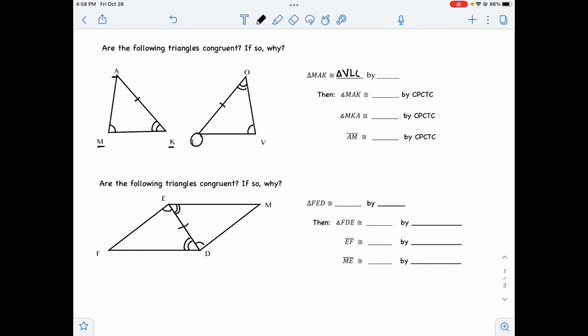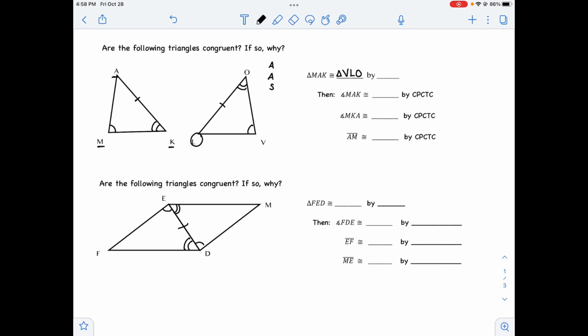So V, L, O. So now we've got to decide, how is that related? Well, we have some options. We know we have side, side, side, side, angle, side, angle, side, angle, angle, angle, side, and hypotenuse leg. So let's look at what we have. Let's make some marks. We have an angle, we have an angle, and we have a side.